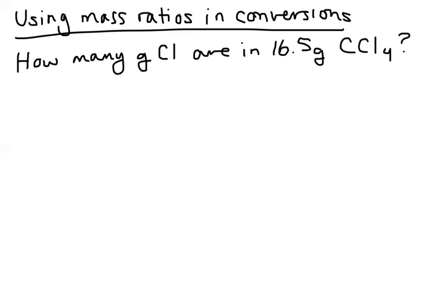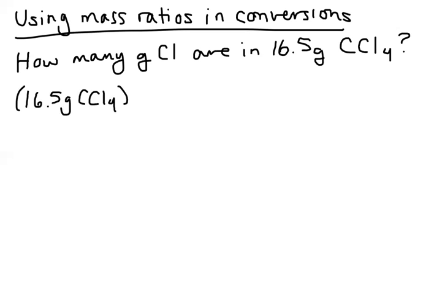But what you can also do instead is just start with 16.5 grams of CCl4. And what you're going to do is say, okay, if I have 1 mole of CCl4, how much chlorine am I going to have? So how much does 1 mole of CCl4 weigh? We're going to have to add it up.